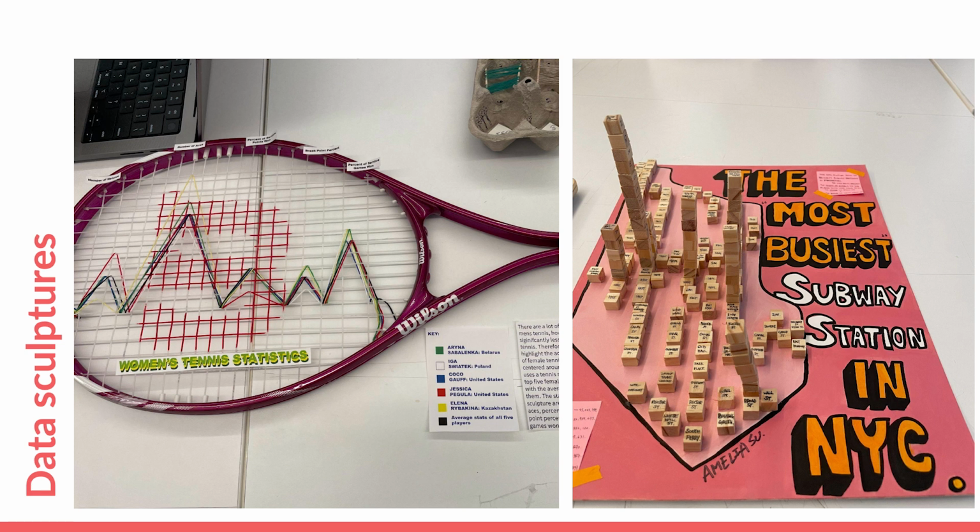And then on the right, the busiest subway stations in New York City. So each of these blocks represent a subway station, and I don't believe I remember the exact ratio, but the more blocks, the busier the station is. This very tall one is Times Square. Over here, we have 34th Herald Square, and etc. So this was a really creative way to show the pure volume of use in some of these subway stations.